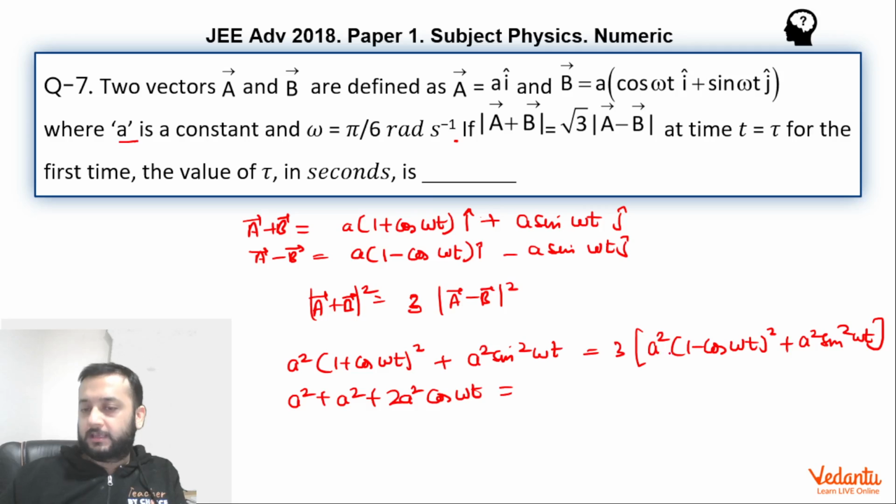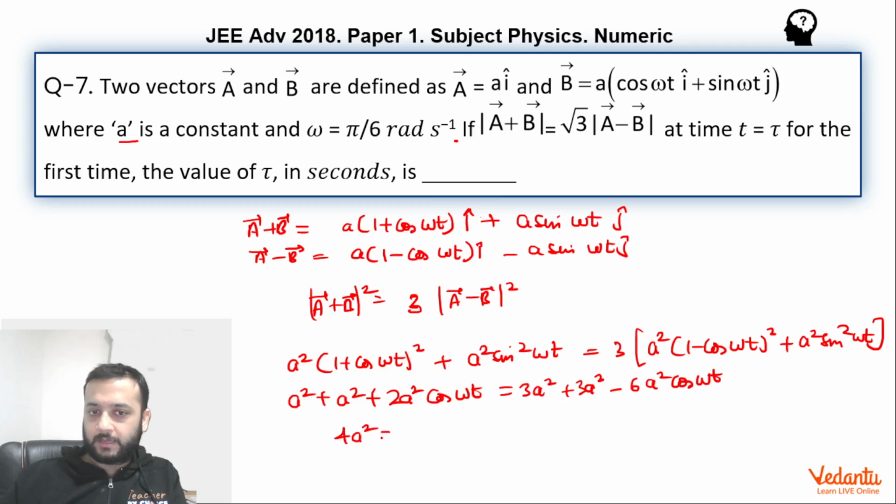Here again, 1 multiplied by A square is A square, and with the 3, that will be 3A square, plus A square cos square omega t and A square sin square omega t will become A square multiplied by 3, so 3A square, minus 2 cos omega t into A square multiplied by 3, so it will become 6A square cos omega t, right? So we can see from here, 3 plus 3 is 6, minus 2, that will be 4A square equals 2A square plus 8A square cos omega t.